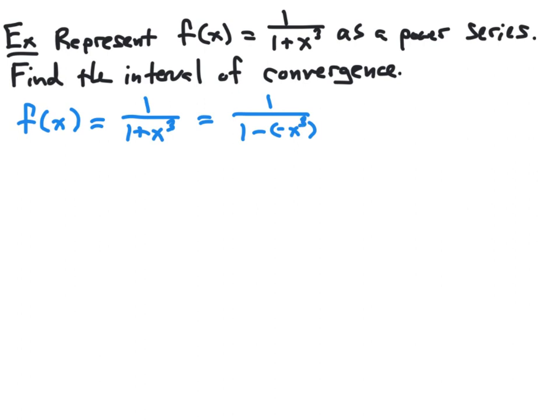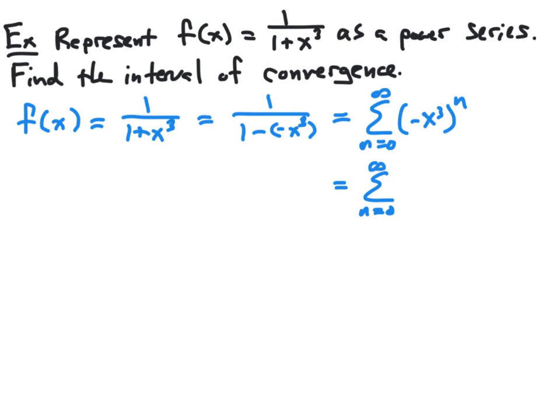And so if we write this function as 1 over 1 minus negative x cubed, this will allow us to rewrite the power series representation for this in the form n equals 0 to infinity of that something to the nth power. In this case, that's negative x cubed to the nth power. We can simplify this term a little bit by breaking the constant and variable apart.